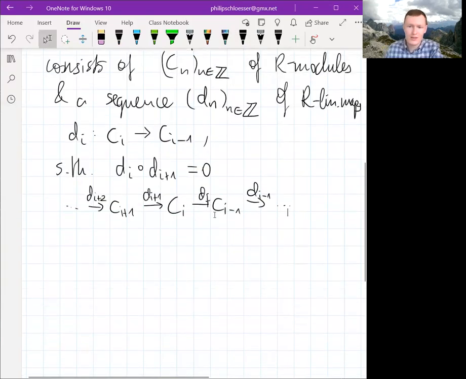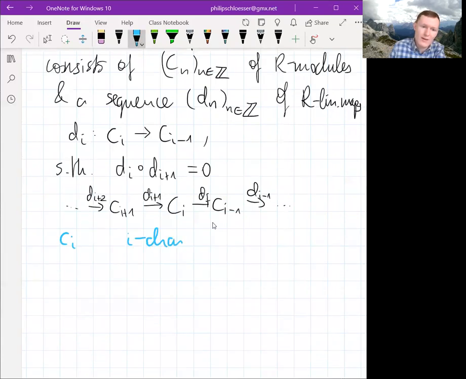There's a lot of terminology around all of this. We call the elements of C_i the i-chains. The map d_i is called the ith boundary operator.